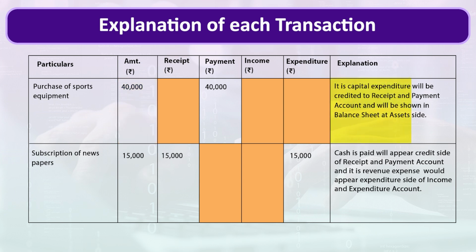This is considered as capital expenditure and will be credited to receipt and payment account and will be shown in the balance sheet at asset side. Then we have subscription of newspapers amounting to rupees 15,000. Cash is paid and it will appear at the credit side of the receipt and payment account, and it is revenue expense and would appear at the expenditure side of income and expenditure account.